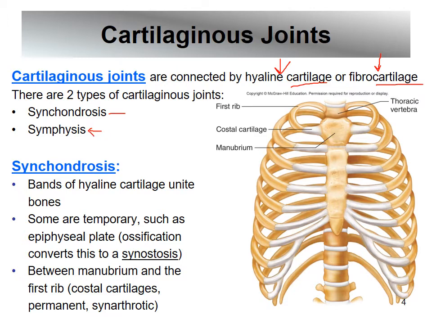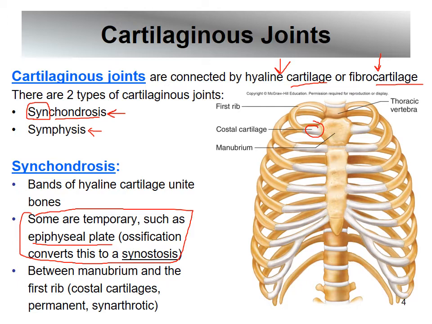So the first one is called a synchondrosis. Again, syn means false. It's kind of like false cartilage. This one lists this first, the cartilage for the first rib. That's not what I would test you with. It would be this one right here, because when we get into the skeletal system, you will learn that there is this little growth plate called the epiphyseal plate, and that is going to remain hyaline cartilage until you become an adult, usually around the age of 20, 21.